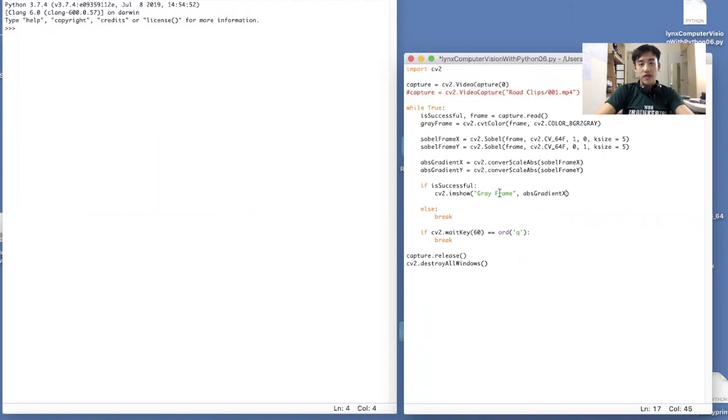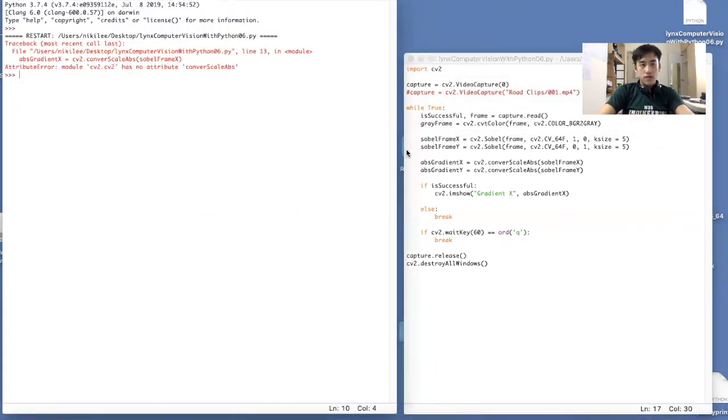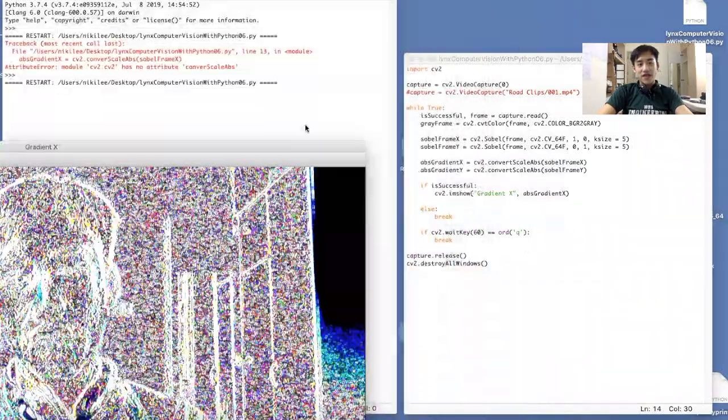So we can look at the gradient for the x frame. Let's take a look. Right, so this is the gradient for the x-axis, and then let's take a look at both the x and the y together.